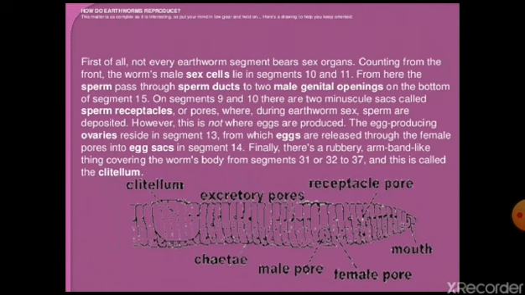Now, the question is, how do earthworms reproduce? First of all, not every earthworm segment bears sex organs. Continuing from the front, the worm's male sex cells lie in segments 10 and 11.